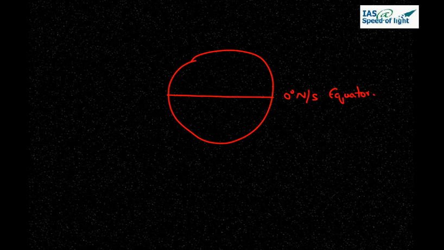We draw another two lines, which are 23.5 degree north and 23.5 degree south. Now the reason why these lines are there, this 23.5 degree north and 23.5 degree south, is because this is the full extent for the direct rays of the sun.